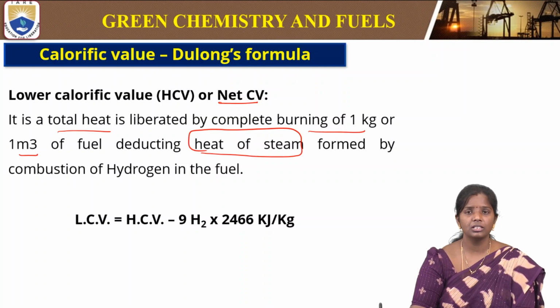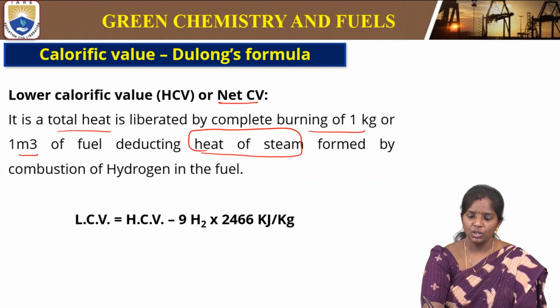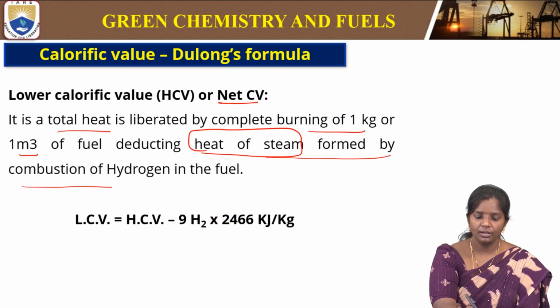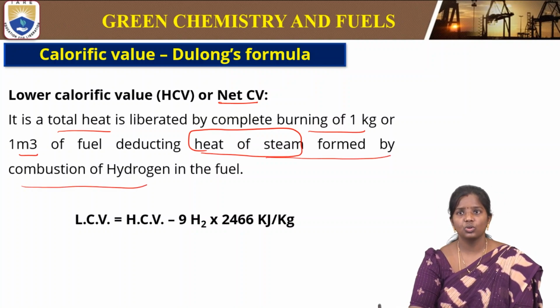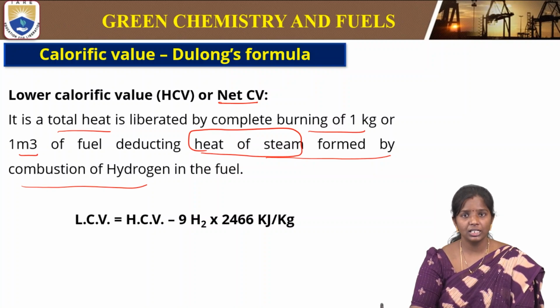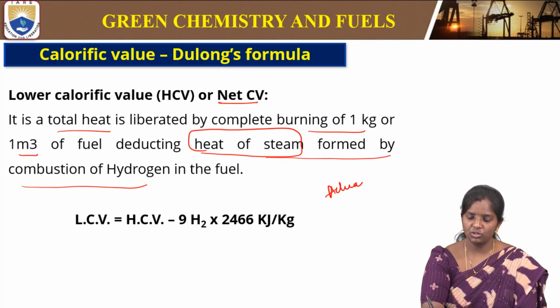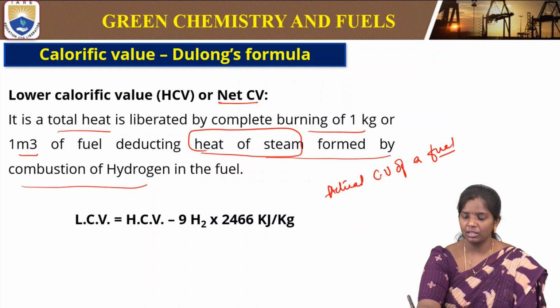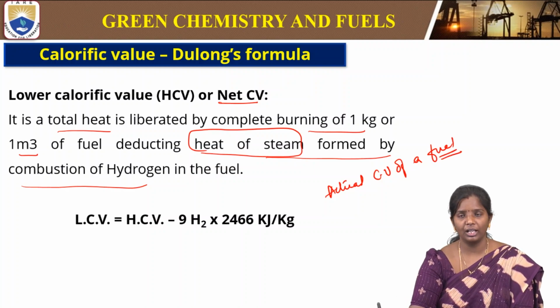Net is the calorific value that is considered while utilizing the fuel for machineries or automobiles. So the heat of steam is to be removed to get the net calorific value, the actual calorific value of a fuel. This is the lower calorific value or net calorific value.